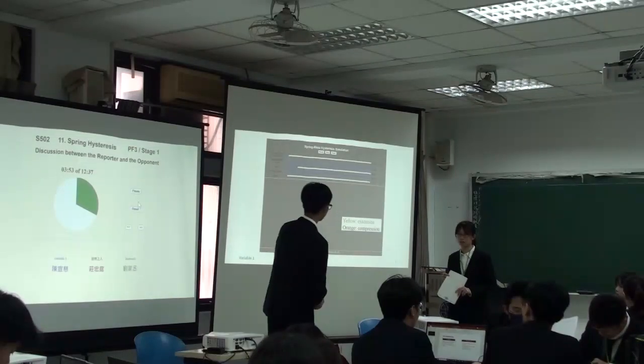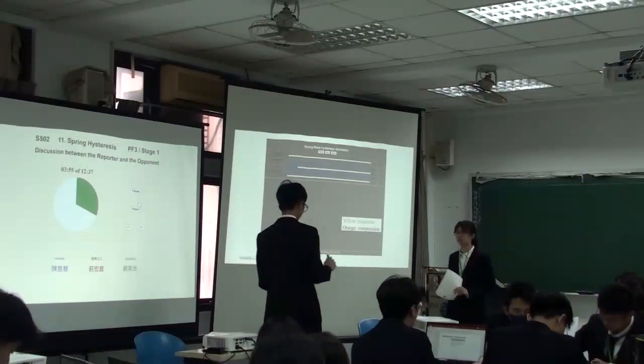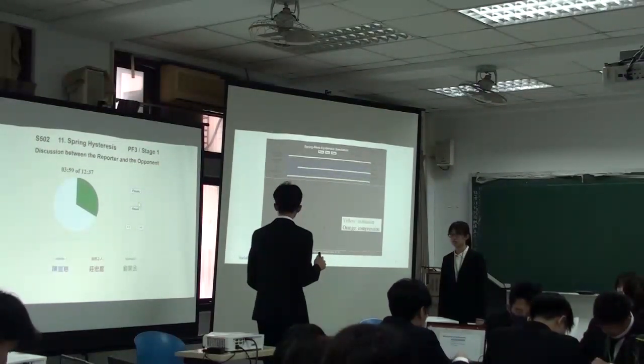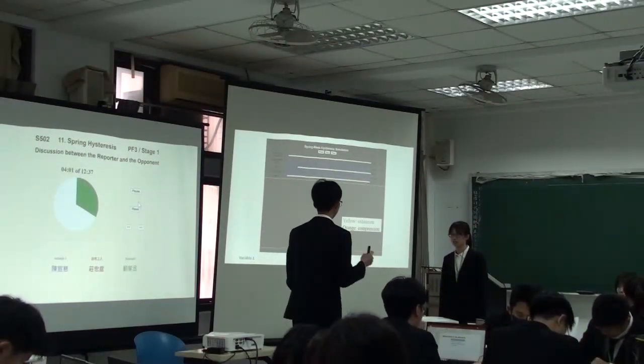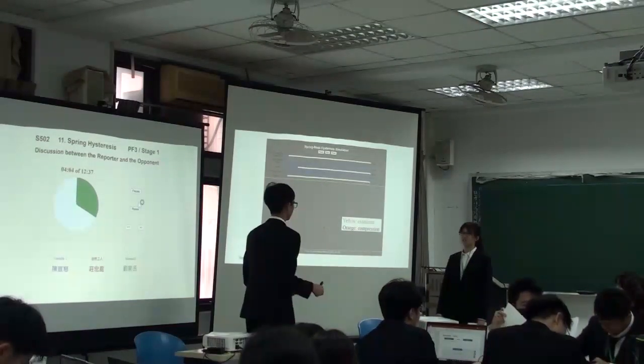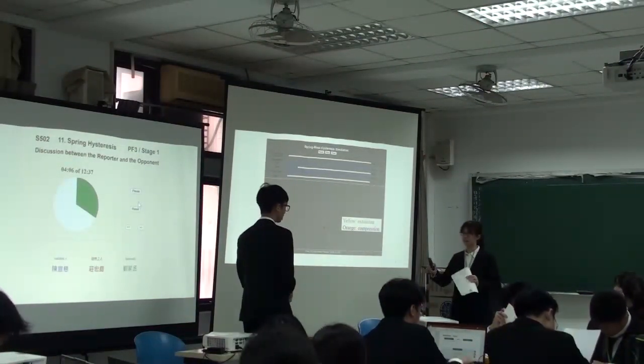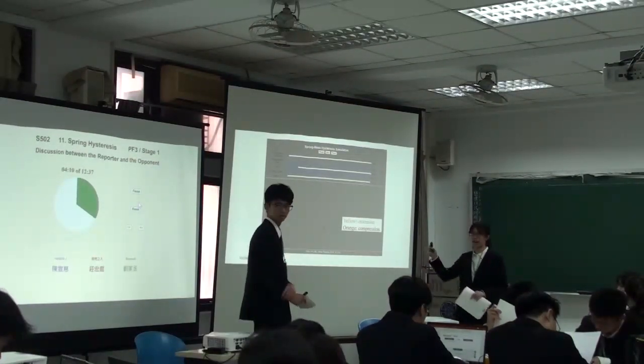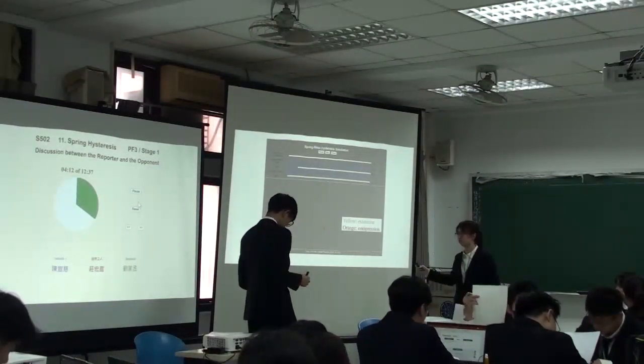X affects the results more than K. I think they cannot be compared because they both affect the result. Yes, and also X is a fixed value in this experiment.